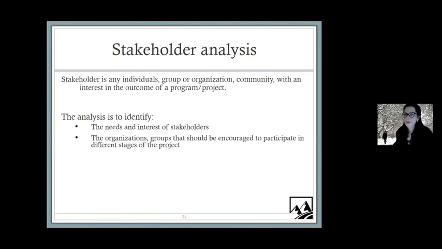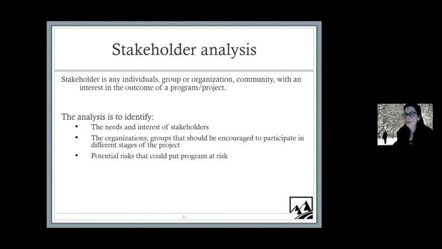The analysis also identifies who should be encouraged to participate and specifically at what stage of the project, and any potential risks that different kinds of stakeholders could bring in that could put the program itself at risk. For instance, you might find it important to have a particular kind of opinion leader on board, but maybe that opinion leader isn't as influential in all segments of the community as you wish they would be.